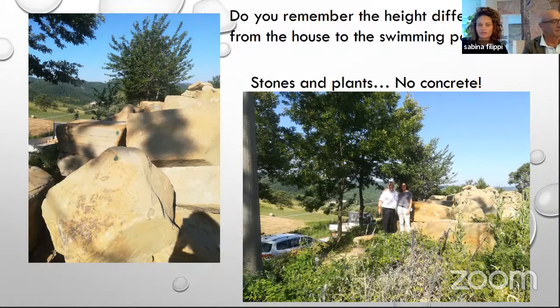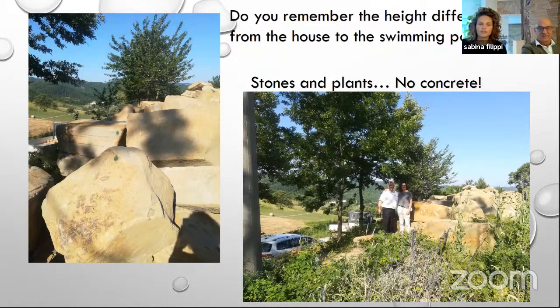As Alberto already said, we tried to manage the differences in height using the most natural way we could. So in this case, to manage these differences in height, we used these giant boulders.